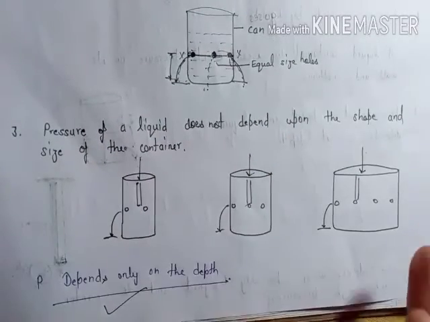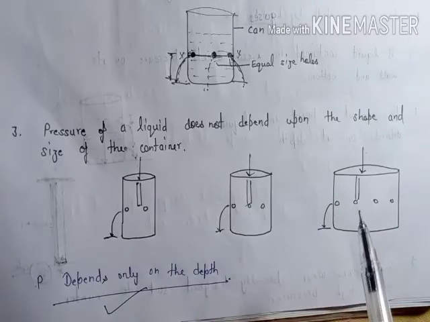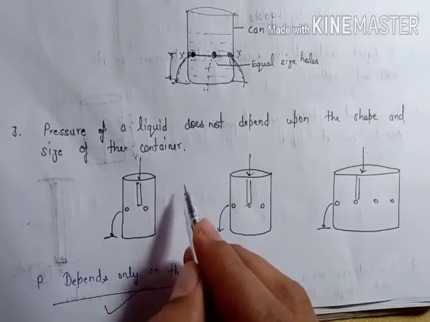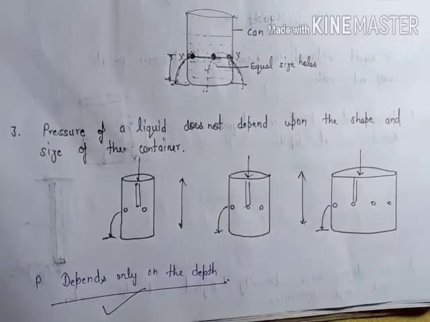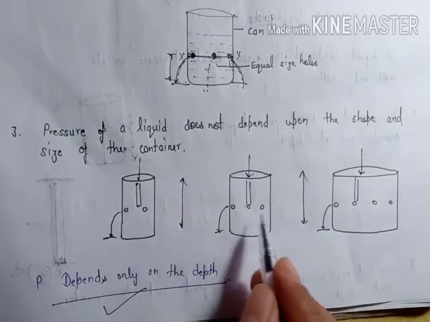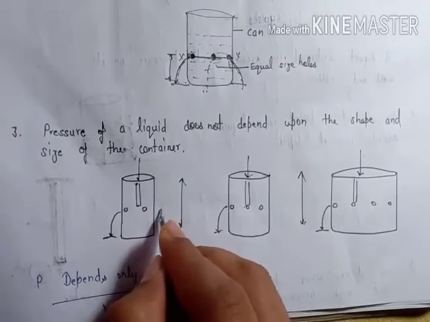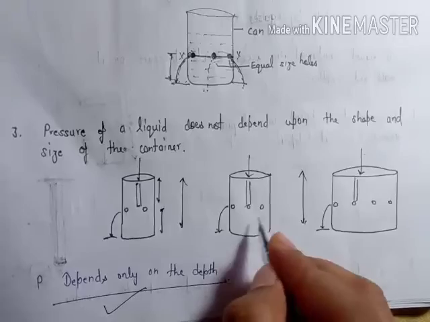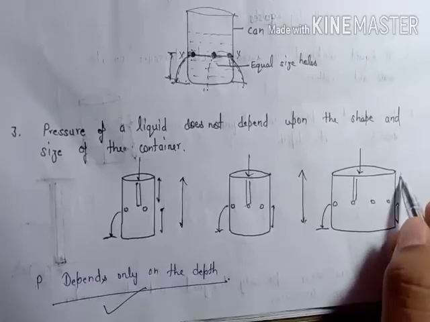We have another point, which is that the pressure of a liquid doesn't depend upon the shape and size of the container. We have containers of three shapes and sizes, you can see that, but the height of the container is similar in all conditions. So this height means the depth of the vessel. We have holes of equal size, and the depth of the holes, if you want to count from here, is equal in all three cases.